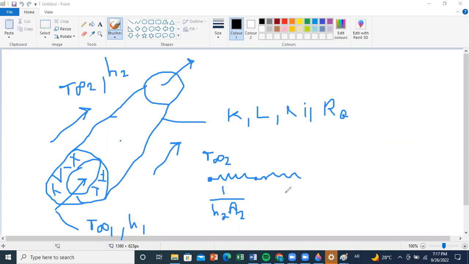Let us say we don't know it, but we just say we want to find Q conduction for a cylindrical wall. And we'll see together that the resistance of conduction is different than for a plane wall. You remember what is the resistance of conduction for a plane wall?